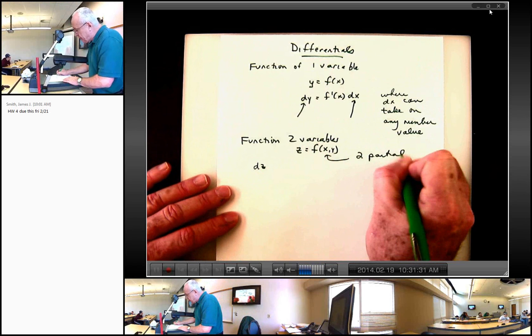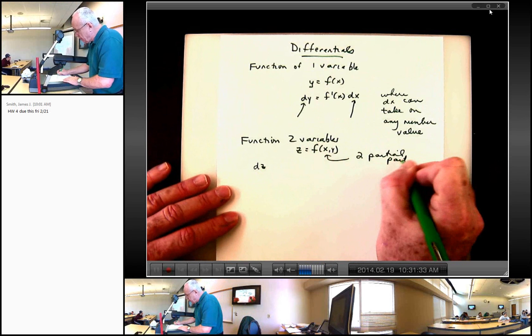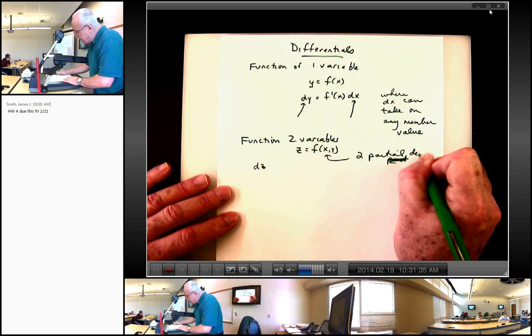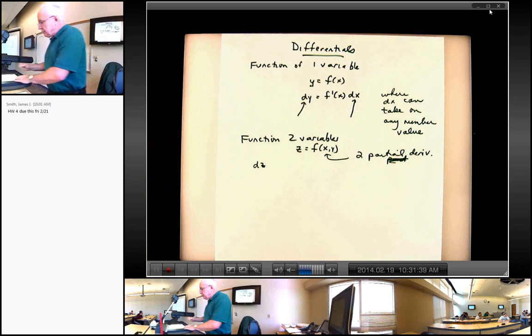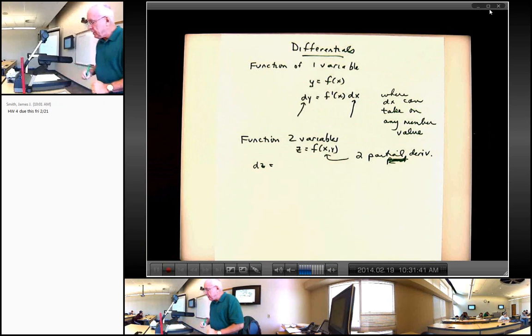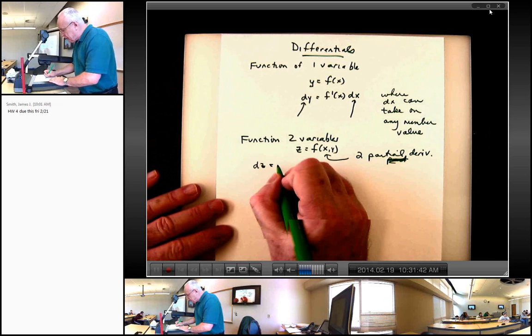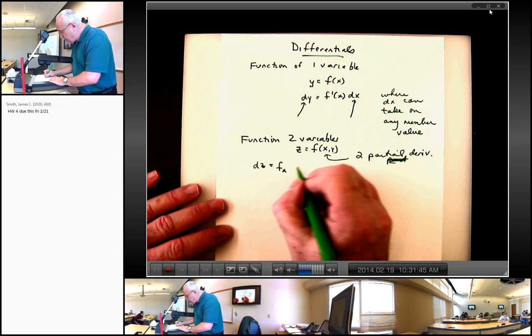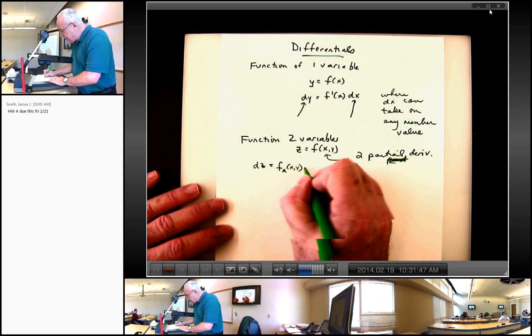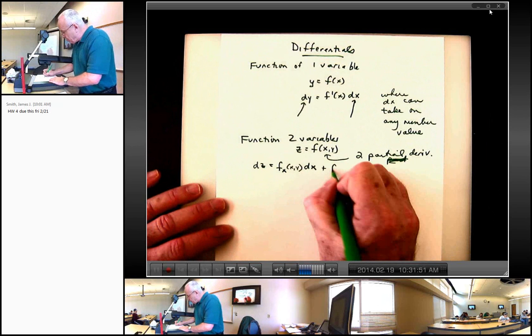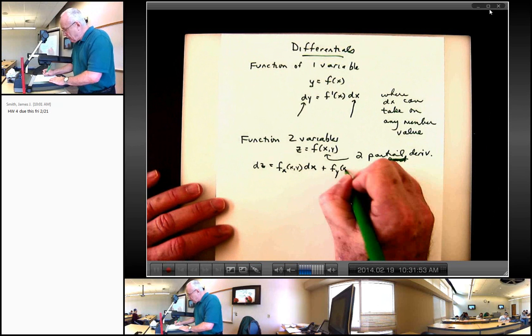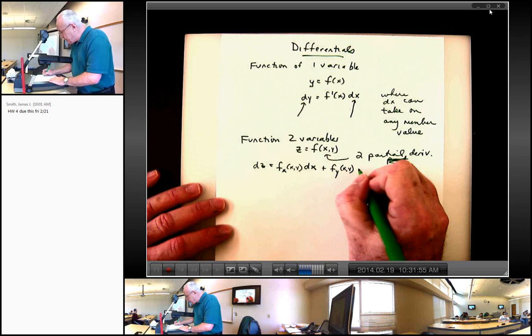We don't just have a single derivative. Two partial derivatives. So this dz then is going to equal the partial with respect to x of our function times dx plus the partial with respect to y of our function times dy.